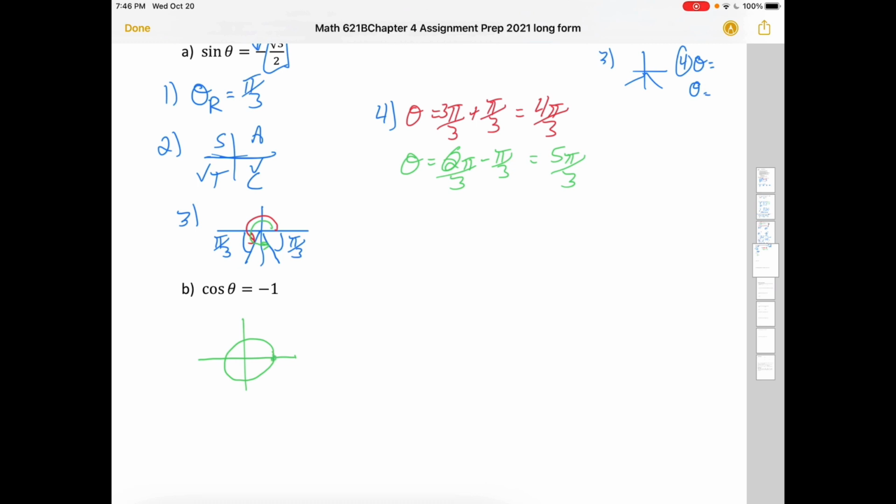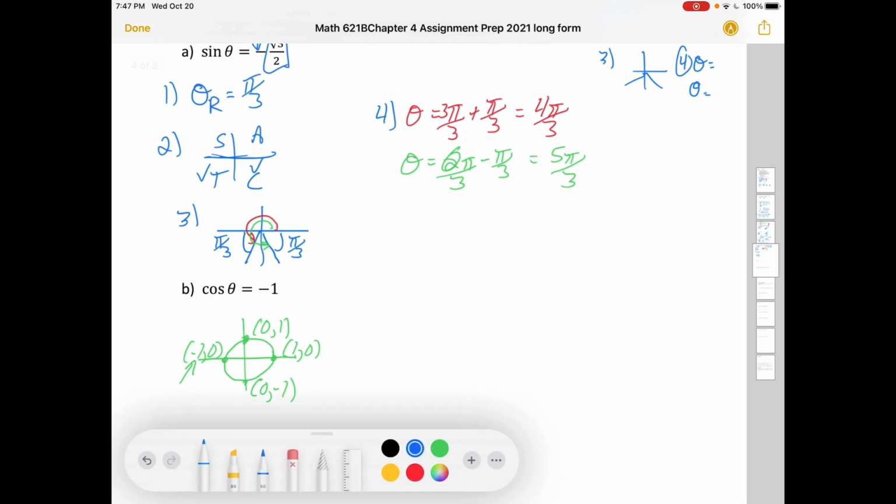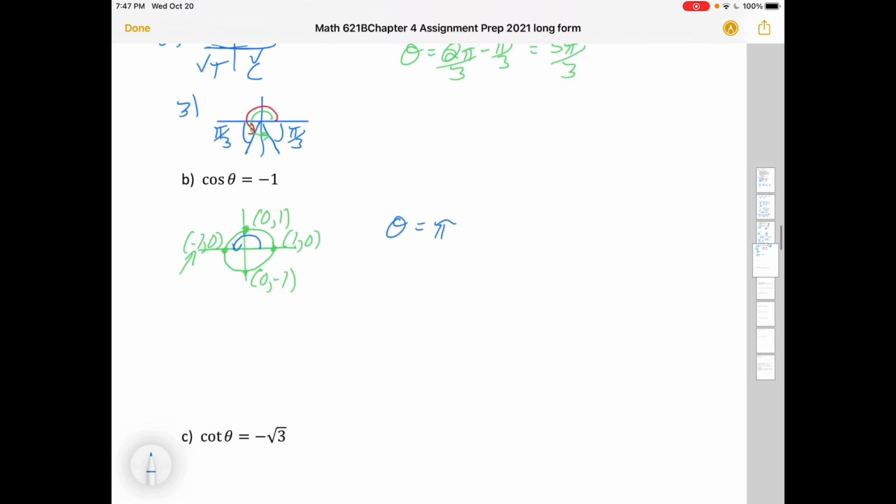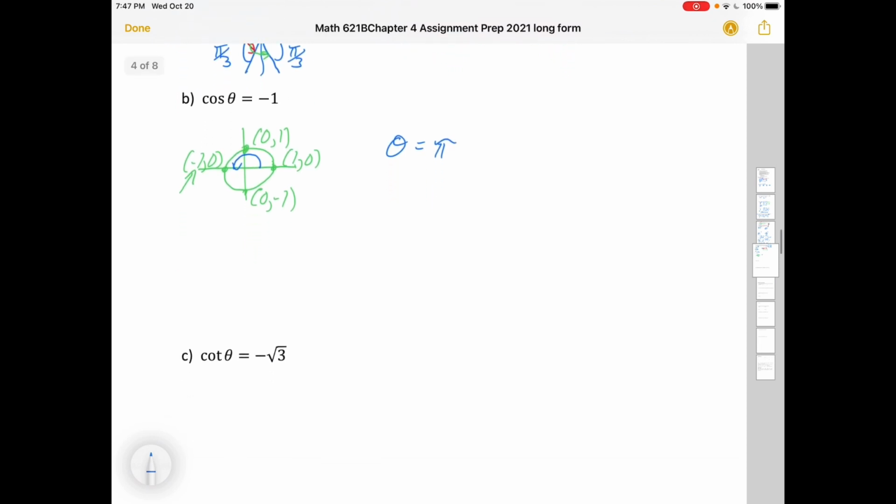On that circle, I'd have a bunch of the simple points: (-1, 0) and (0, -1). What point would correspond to a cosine of -1? The spot where x is -1. And then what is that angle? To get over there, that's 180 degrees, or pi. So if you have cosine or sine values of 0, -1, or 1, just go with the circle.